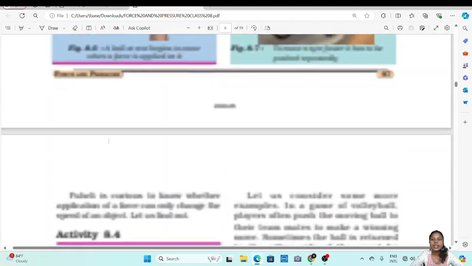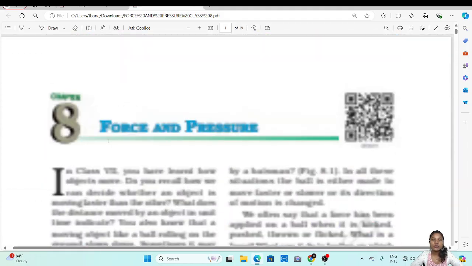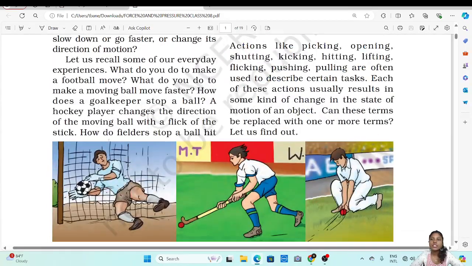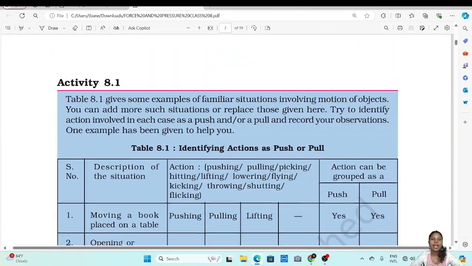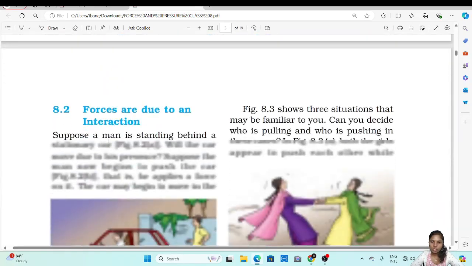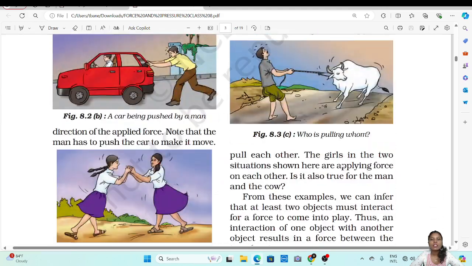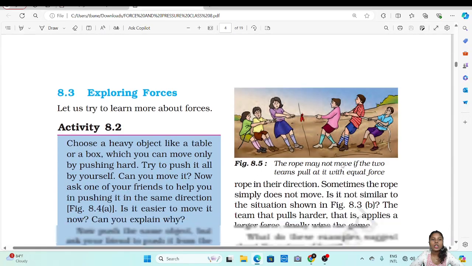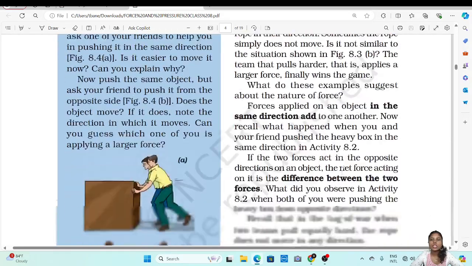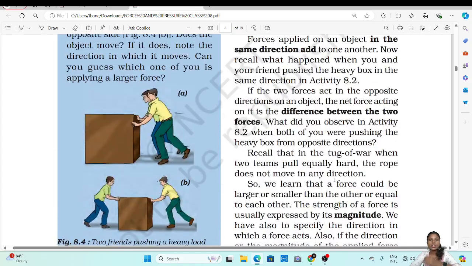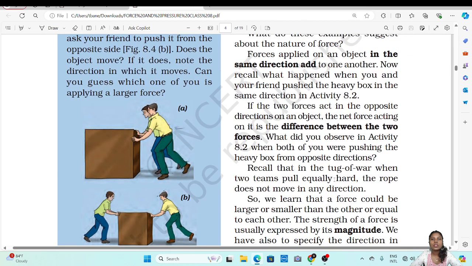Okay, so in today's part of this chapter, we learned firstly what is force. We said that any kind of push or pull that happens is defined as a force. Then we learned that for force to occur, there has to be some kind of interaction between two objects. If there is no interaction, then there is no force that will be acting on anything. Then exploring forces, we talked about equal and opposite forces, and we talked about what happens when the force is applied in the same direction.